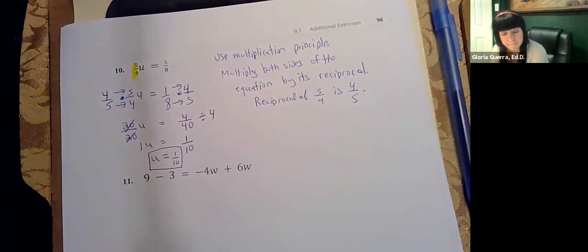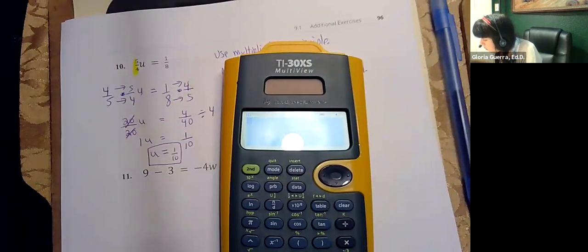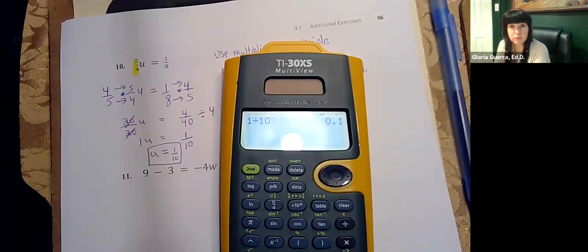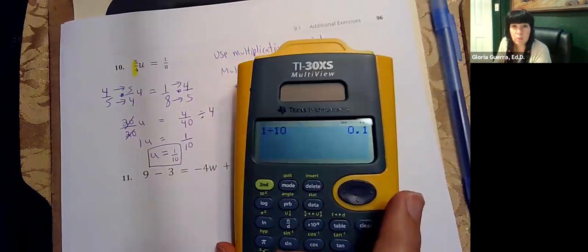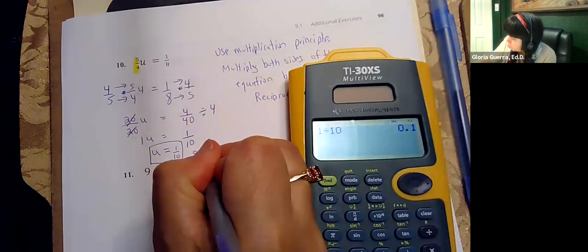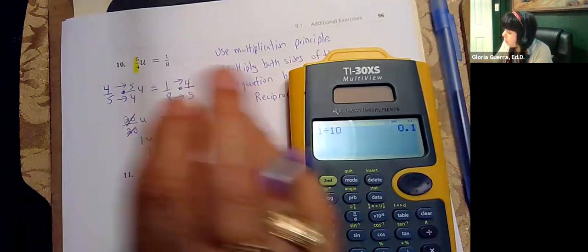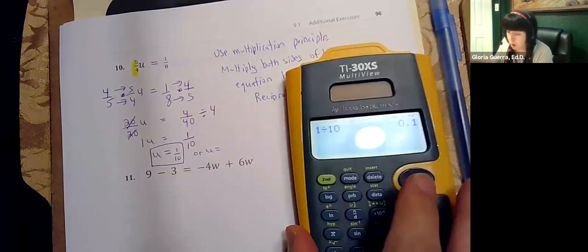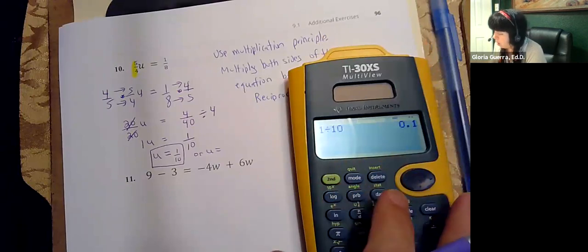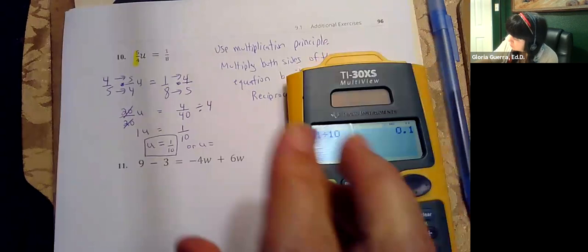Okay. And as a decimal, 1 divided by 10 happens to be 0.1. So the 0.1.